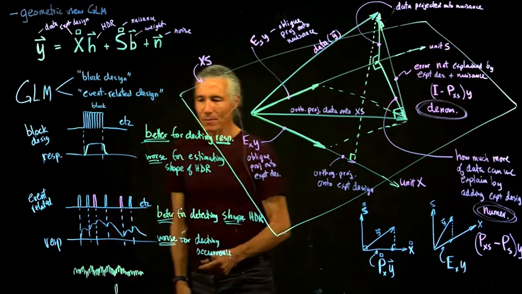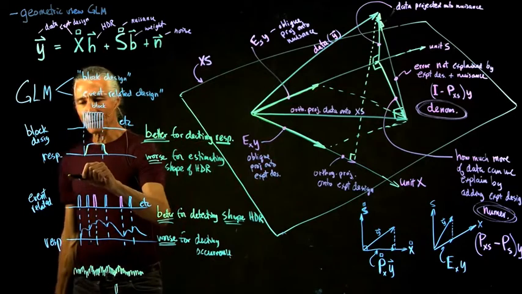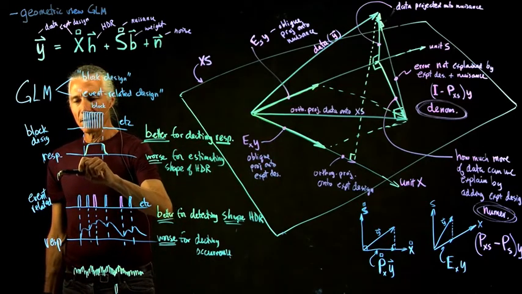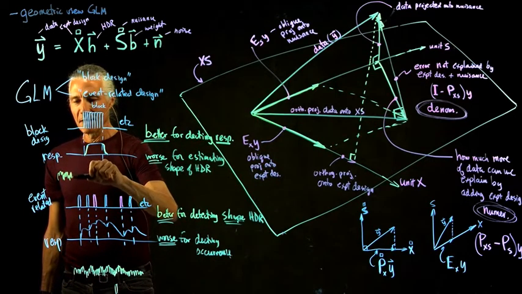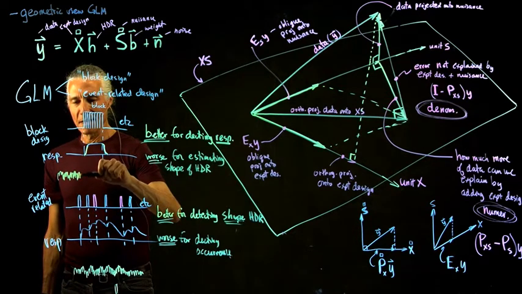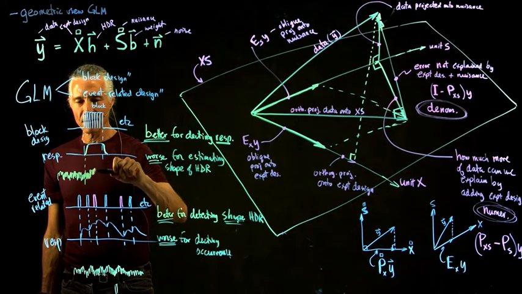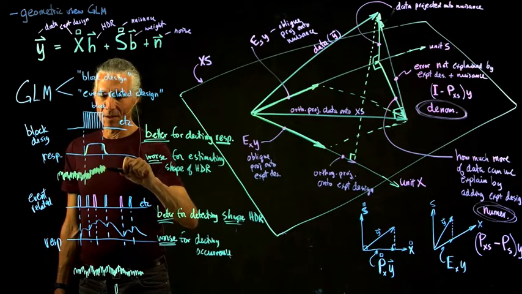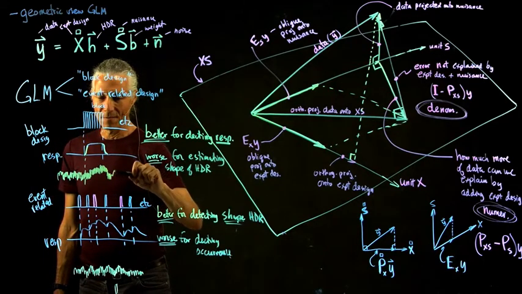Now let's compare that with a block design. With a block design, here you're breathing and your heart's beating. Then the block design comes on and you start to go up a little bit, but after a while, you've got a reasonably good response going before you turn it off.